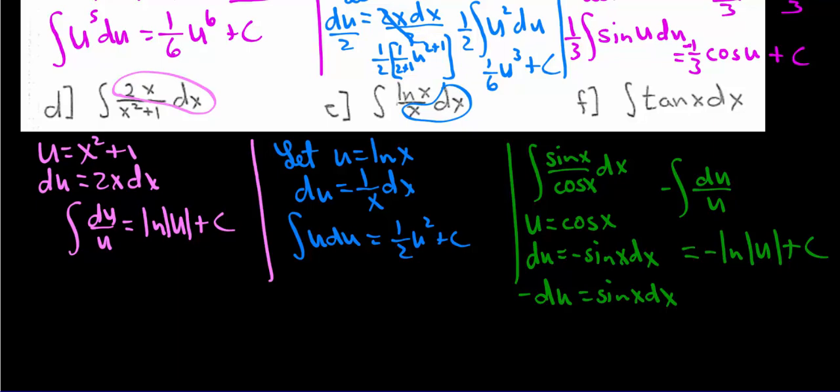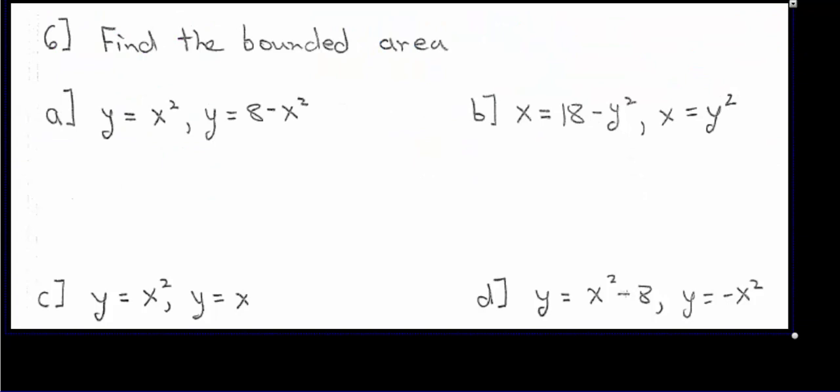Okay, let's see what's next here. Now, we want to find the bounded area. So we're looking at one of the applications of integrals, bounded area. So let's take a look at this first one here. We've got a couple of functions. Here is x squared, and then we've got 8 minus x squared.